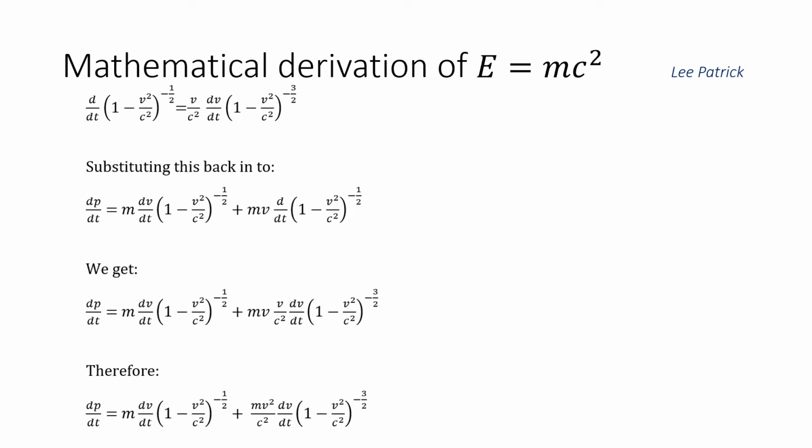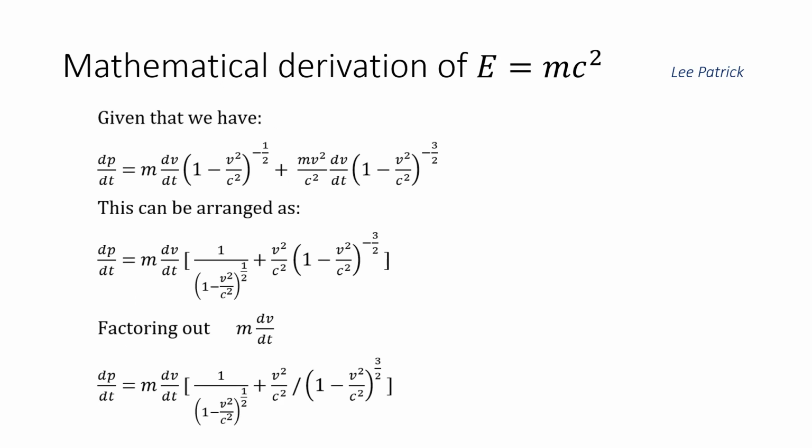This leaves us with dp by dt equals m dv by dt (1 minus v squared over c squared) to the power minus a half, plus mv squared over c squared dv by dt (1 minus v squared over c squared) to the power minus 3 over 2.